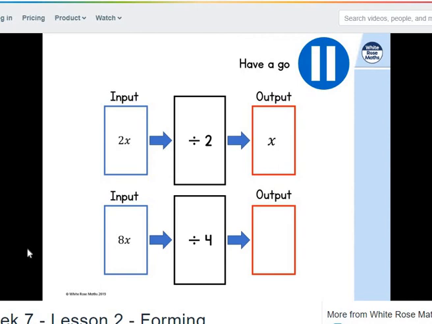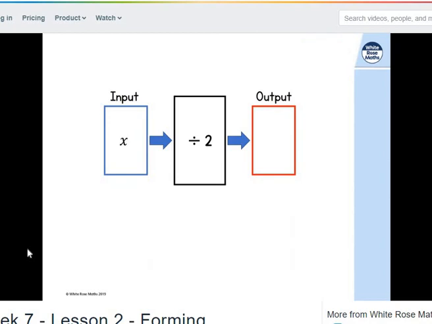Well, 8 divided by 4 would be 2, so 8x divided by 4 would be 2x. What about this one? x divided by 2. It's not as easy this time. It's like saying half x. But I could write it as x over 2.